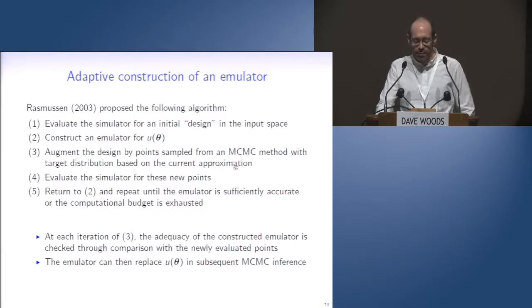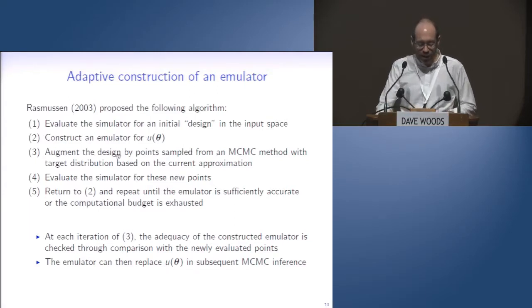Then we use this emulator to sample from our posterior using MCMC to augment our design. And then we use the new simulator evaluations from these augmented points to build a new emulator. And we keep repeating around this loop until either we decide our emulator is sufficiently accurate, or perhaps more often, if our computational resource has been exhausted.